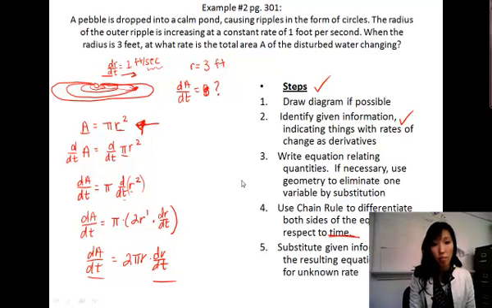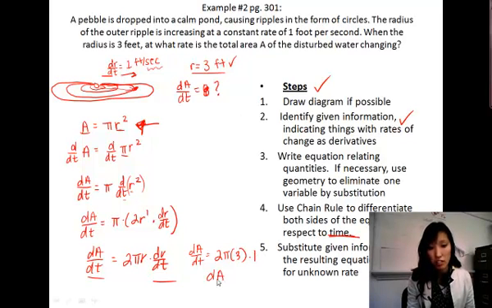Now we revisit the next step: substitute given information into the resulting equation to solve for the unknown. I'm going to put in my radius. I don't know my dA/dt, but I did know my dr/dt. So dA/dt is equal to 2 times pi times 3, gotten from the radius, times 1.